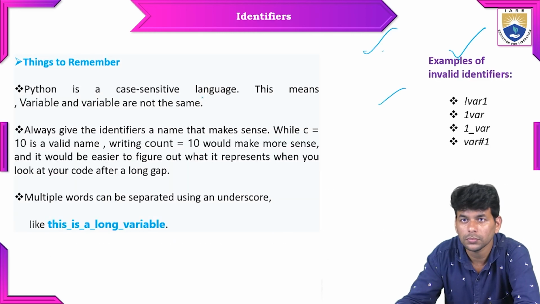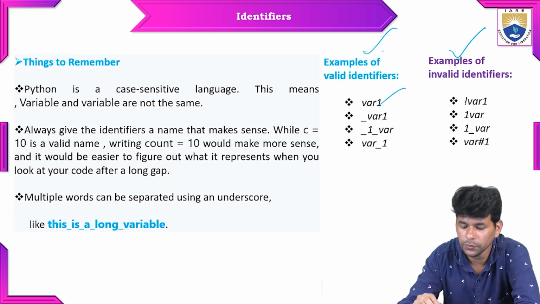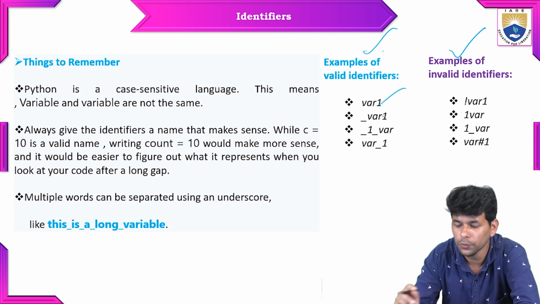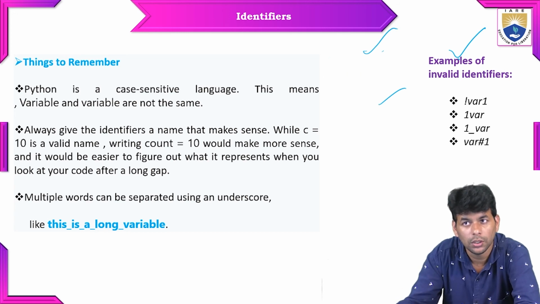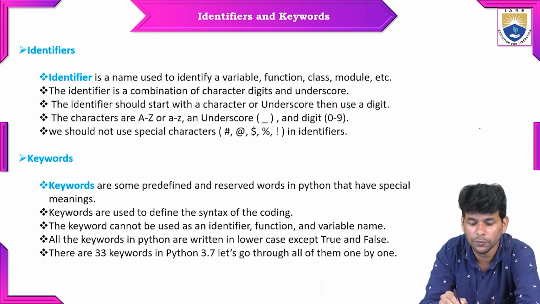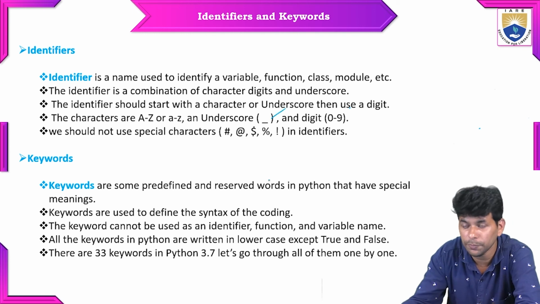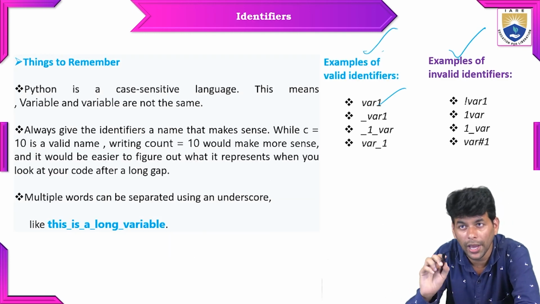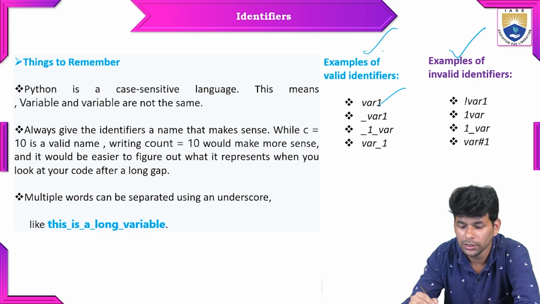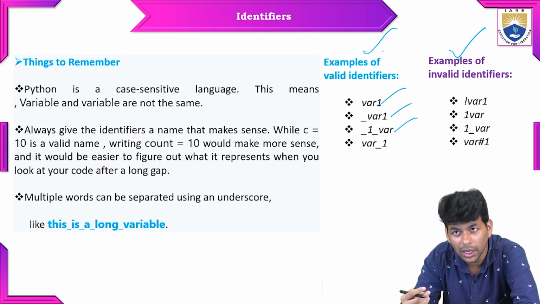So is it clear? The next one is underscore variable one. We can use underscore also. Exactly. So this one is also a valid one. The third one is underscore one underscore variable. That means we can start with underscore.